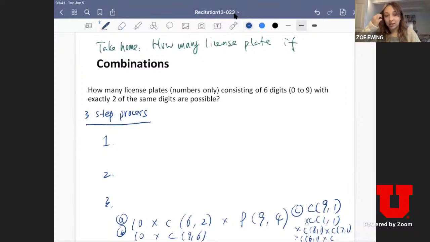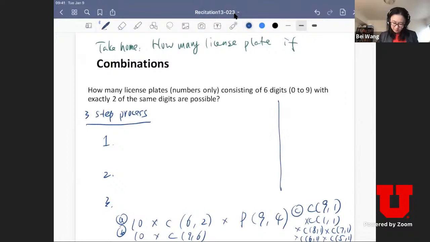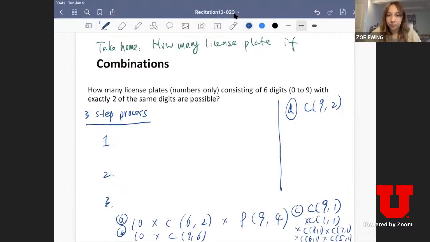And there is one more solution: 9 choose 2 times 7 choose 1 times 6 choose 1 times 5 choose 1 times 4 choose 1.